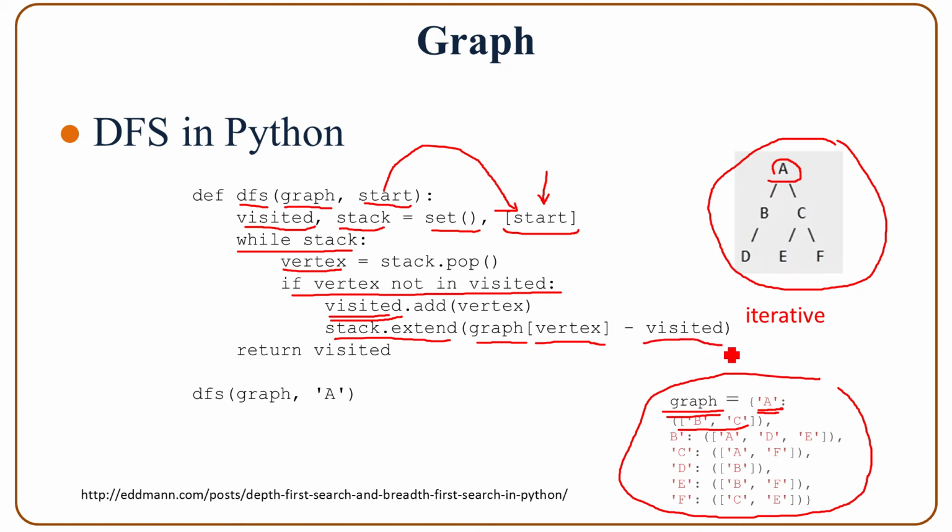And then you remove the ones that have been visited. So the rest is the ones that haven't been visited yet. Then add them to the stack, and they are to be visited later. And in the next iteration, you pop the unvisited nodes from the stack again and again to be visited.